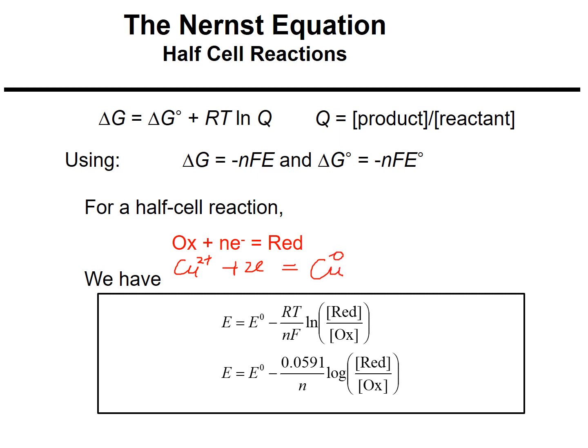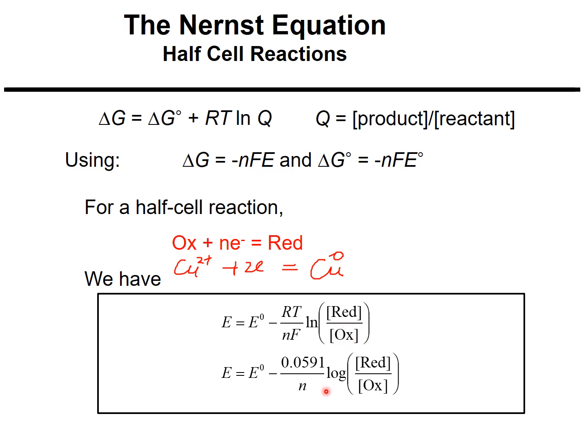And then finally we have the final form of the Nernst equation. E is equal to the standard reduction potential minus RT over nF times the natural log of the reduced species per oxidized species.